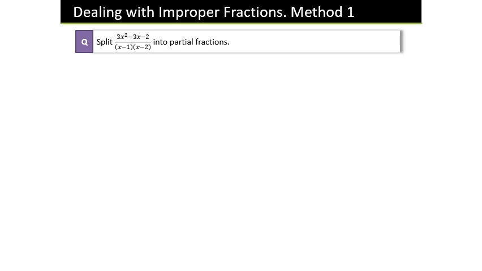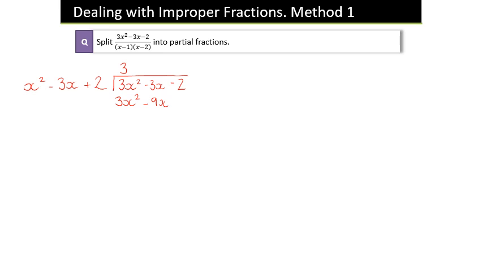So the first thing I'm going to do is multiply out the denominator of this fraction so that I can then do my algebraic long division. Okay, so the denominator multiplied out is x squared minus 3x add 2. So I need to make 3x squared here, so I'm going to have a 3. 3 times x squared is 3x squared. 3 times negative 3x is negative 9x.